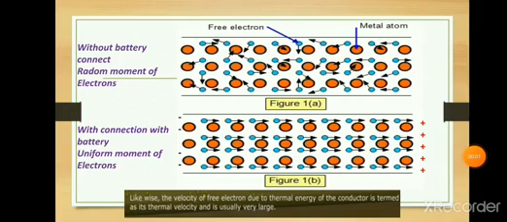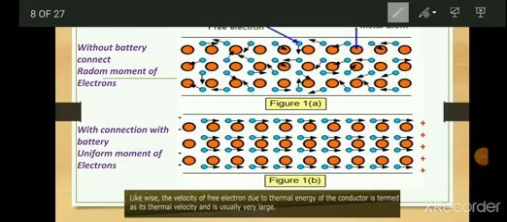And let's see this figure number 1. This is the expanded form of copper wire without being connected to the battery. If you see this expanded portion of copper wire, you will see two particles.